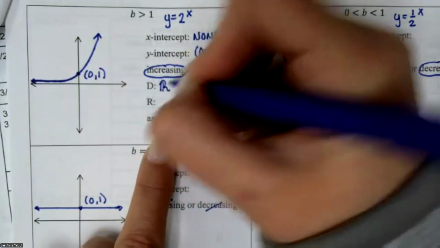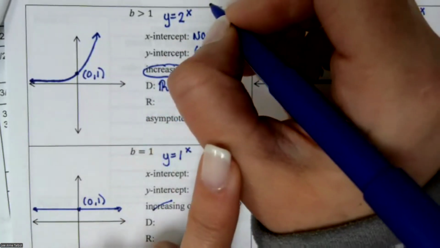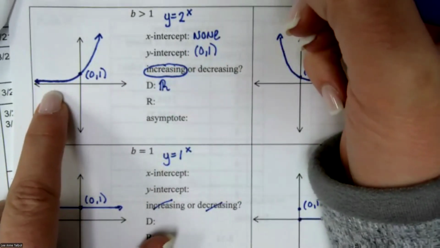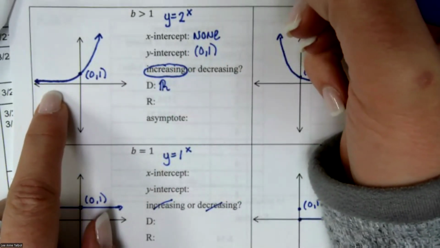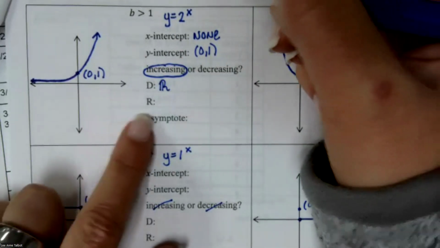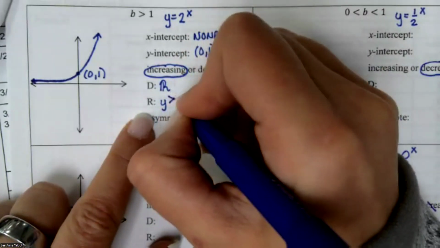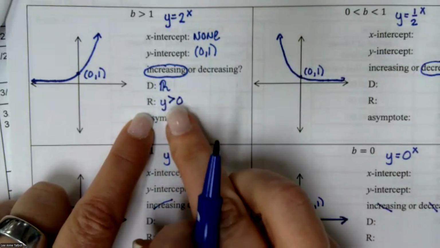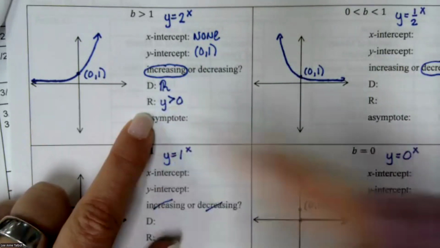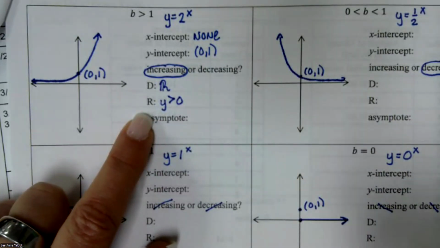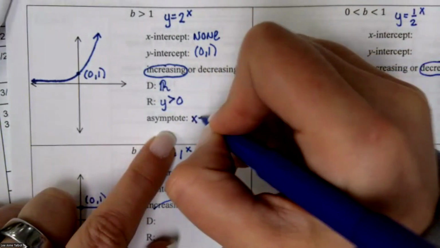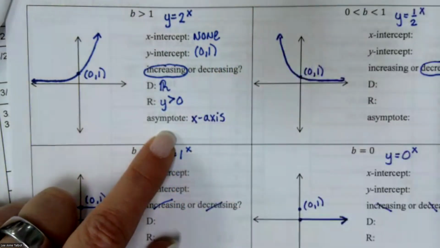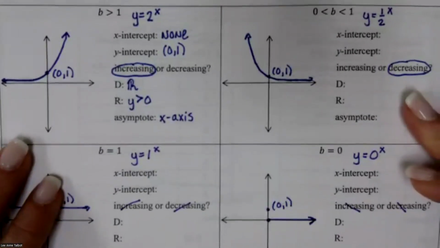Yes, so that means it's all reals. Does it go forever down and forever up? Forever up, but not forever down. So we say y is greater than 0, and we don't have the or equal to on there because it's not going to touch it. And the asymptote is the x-axis because it's getting closer and closer to the x-axis, but not crossing.